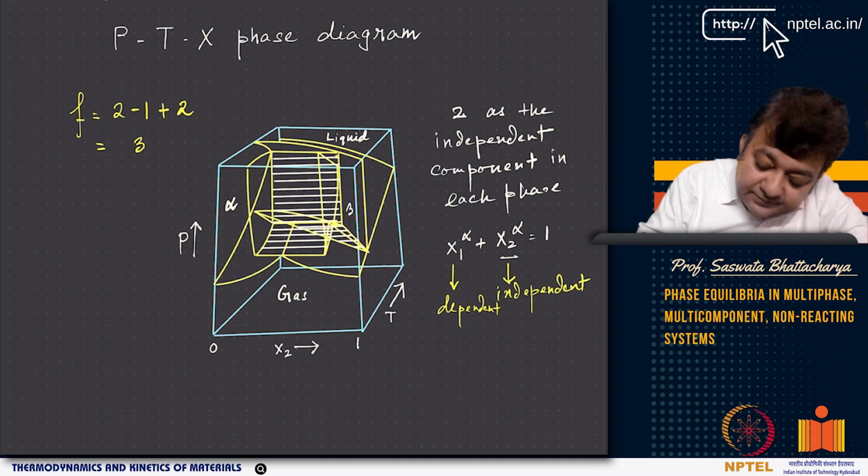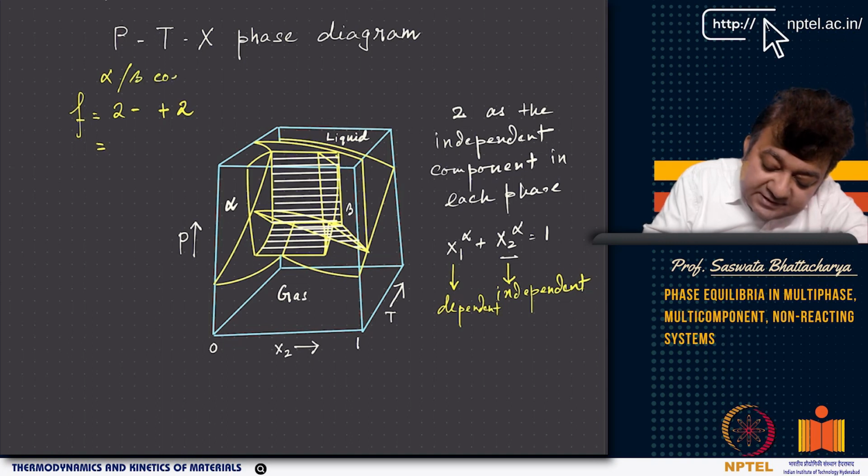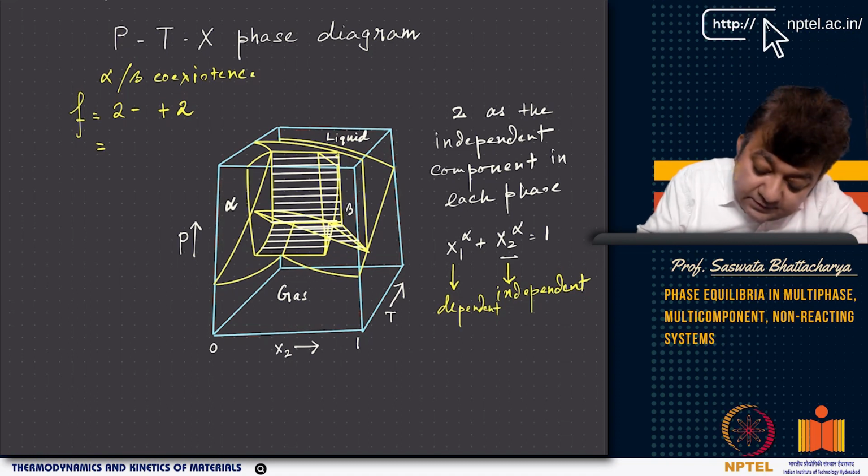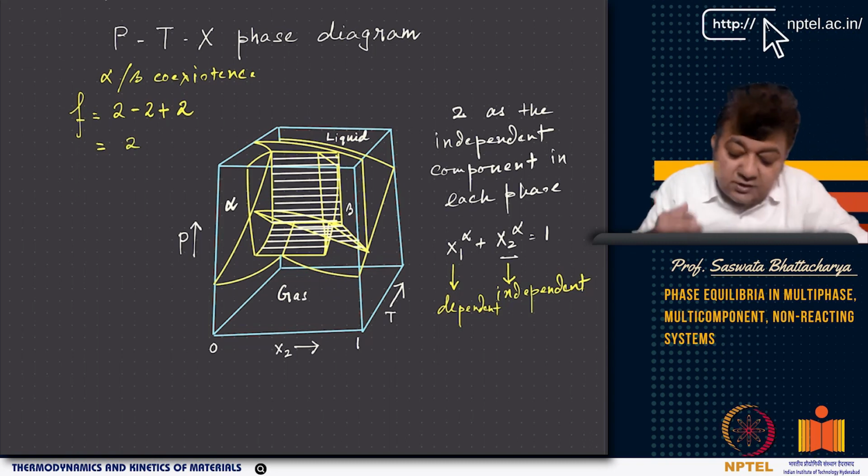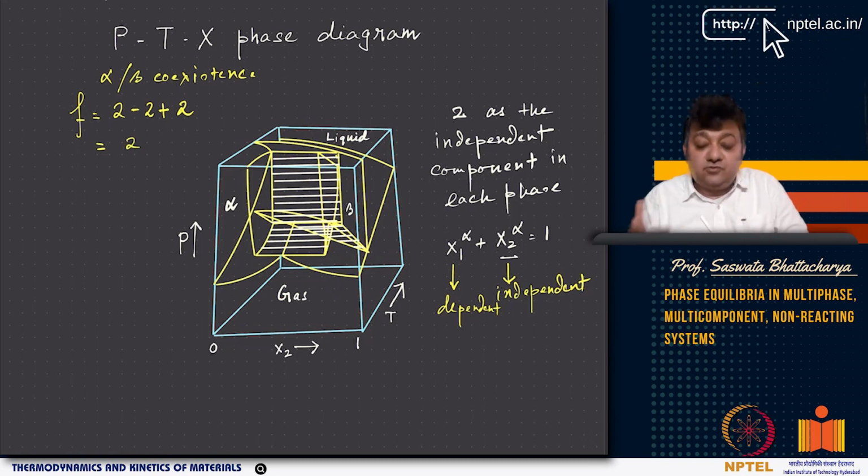It becomes 2 minus 2 plus 2, which is equal to 2.